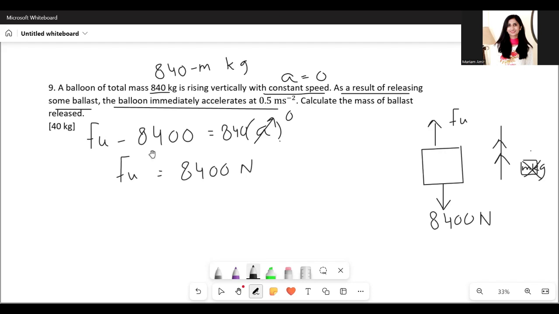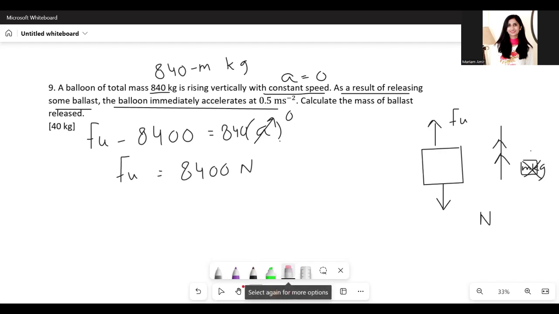The new weight is going to be 840 minus m, which is the mass, times g, so times 10. And upward force does not change. We saw that in the last question's explanation. So the upward thrust is still going to be 8,400.